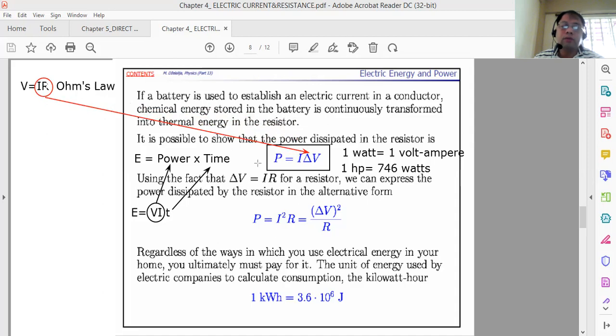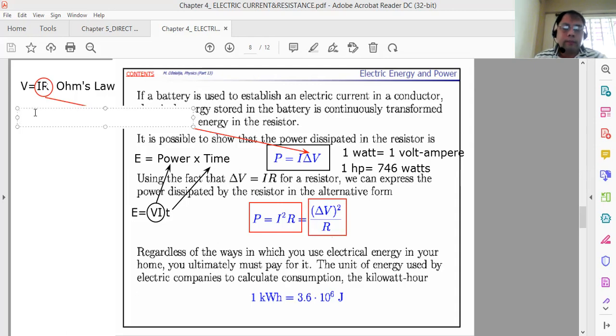Once you simplify it, it becomes I square R. So I and I multiplied together give you I square. And then the attached resistance will now be joined here.